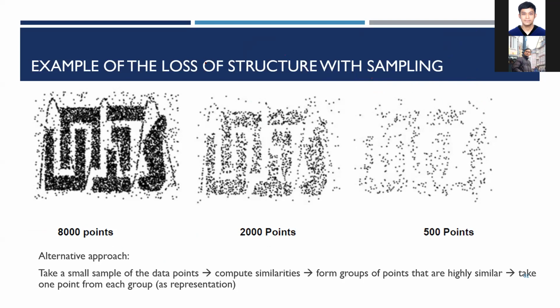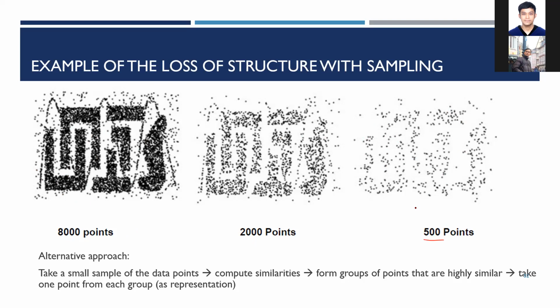We have to make sure that we will not lose the structure of the data if we sample the data. For example, this is the original data with 8,000 points. If we only use 500 points, you can see that the pattern is not clear.